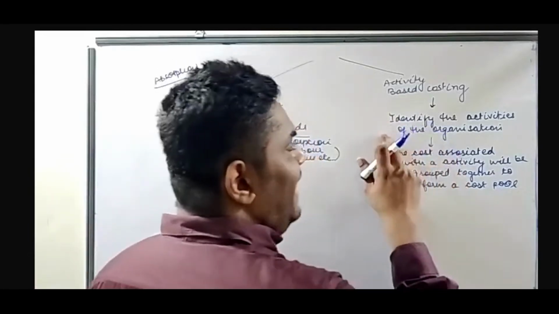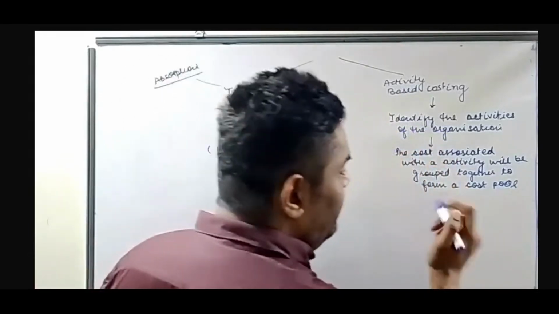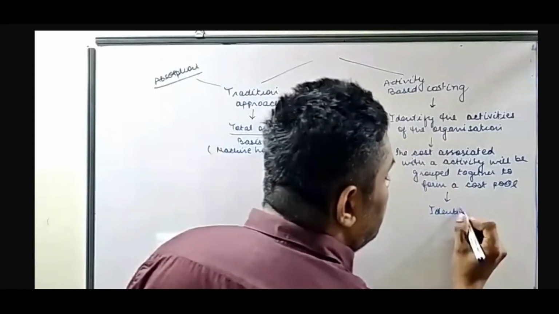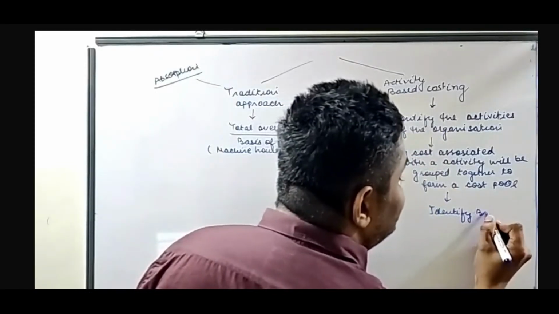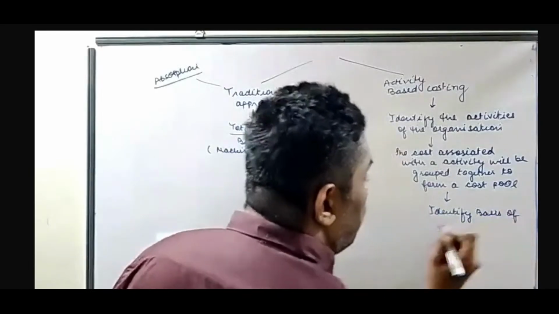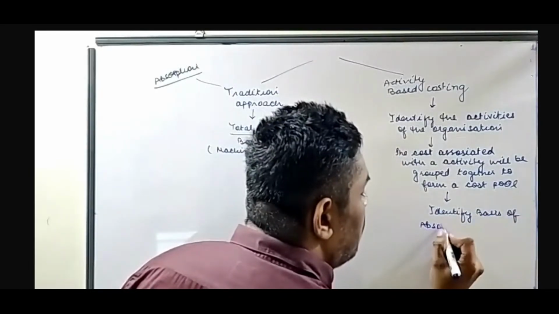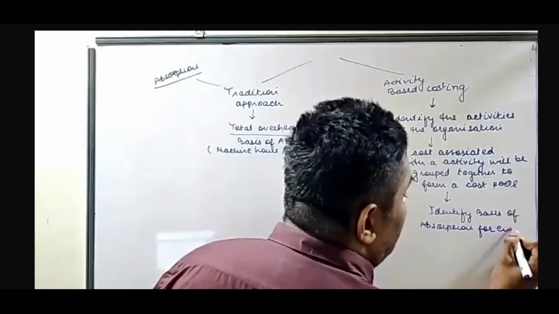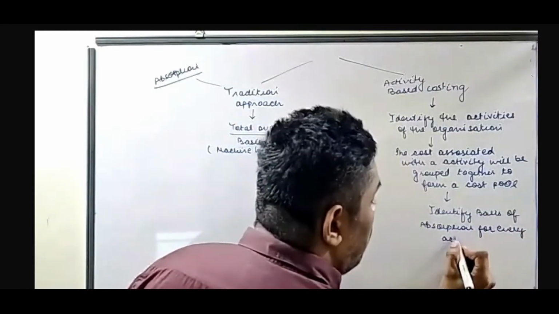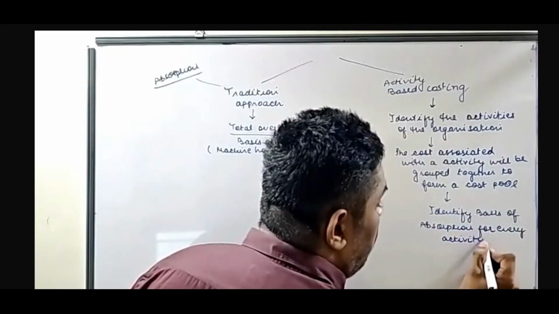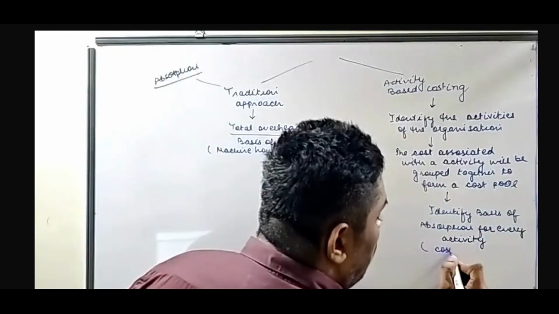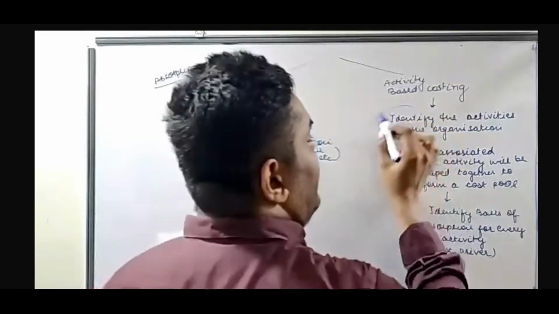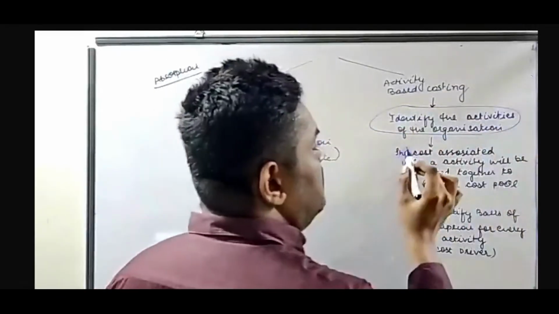Now, once the activities are identified and the total amount is ready, then we have to identify the basis of absorption for every activity. We call it as cost driver.